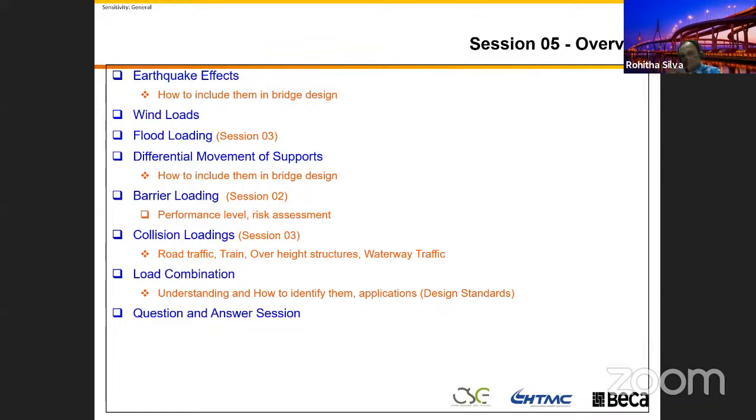So if you are a designer, you just go to that document, because everything is in there. But Eurocode is written for a lot of countries, and it covers bridges, buildings and so many other applications in the same place, so when you navigate it, you may find it a bit difficult.